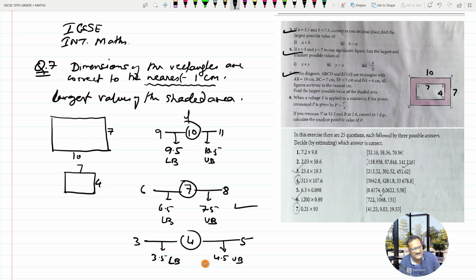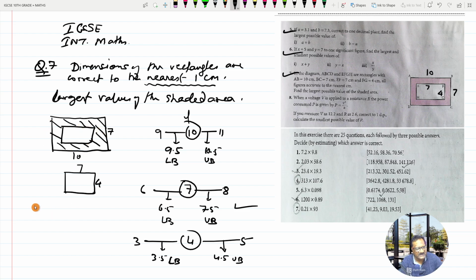Now that you have got the upper bound and the lower bound of all 4 dimensions, you should try to find out the largest value of the shaded area. Shaded area is when you put this rectangle inside this bigger rectangle, then whatever area is left, this shaded area, is what you want to find out.